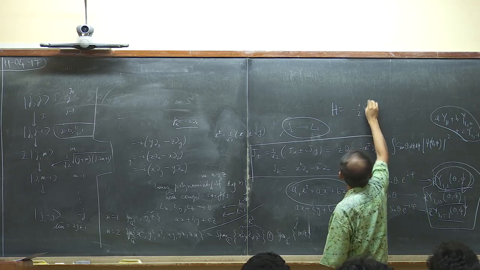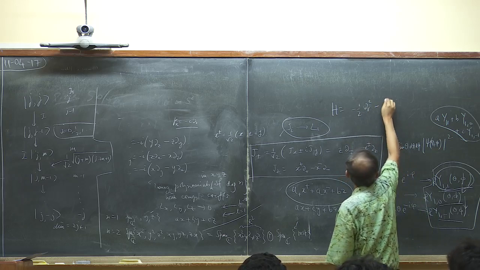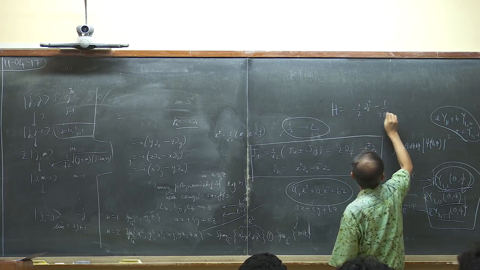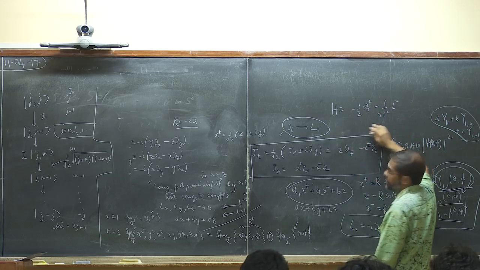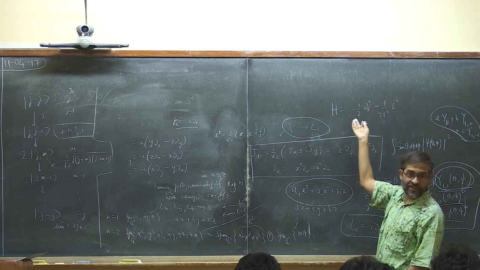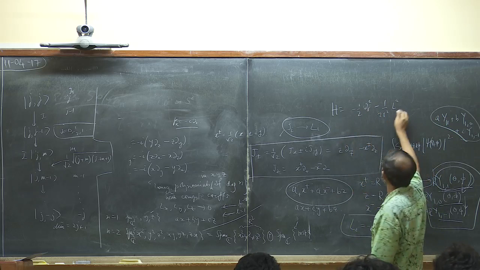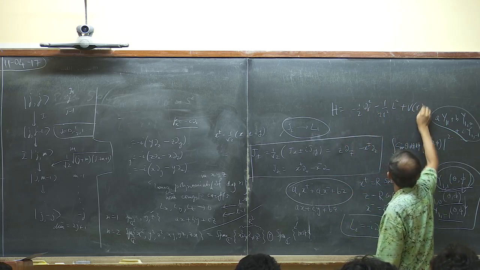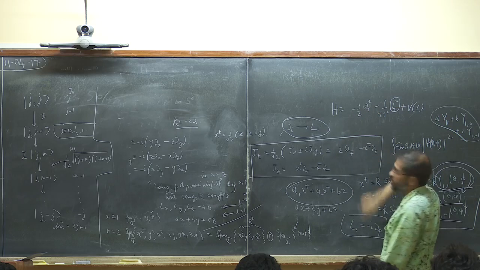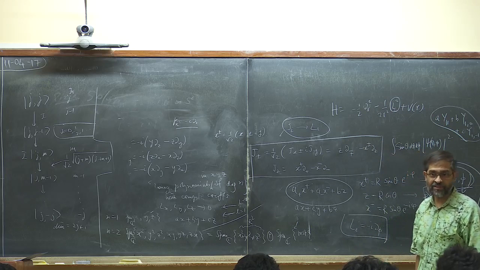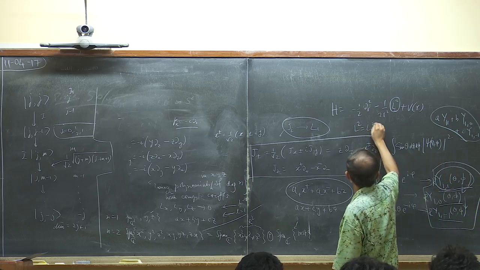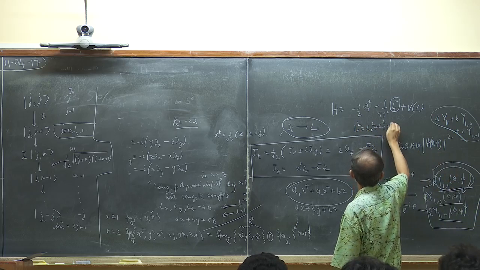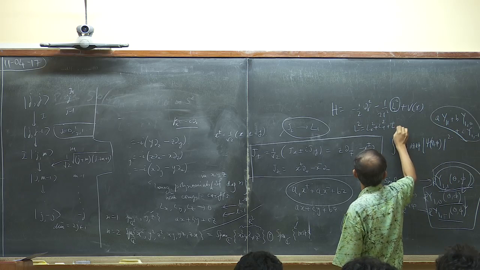It's just some stuff like this, minus 1 over r squared, L squared or something, minus or plus or something like that. And if you also add some central force, then there is some V of r. This L squared here is the quadratic Casimir. What does it mean? It means that this L squared is Lx squared plus Ly squared plus Lz squared.